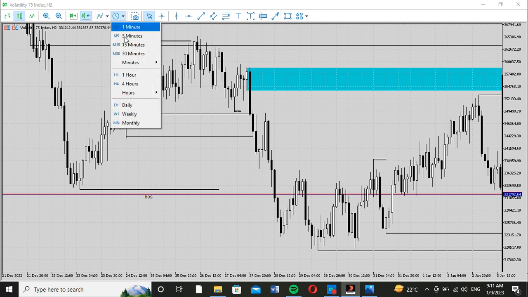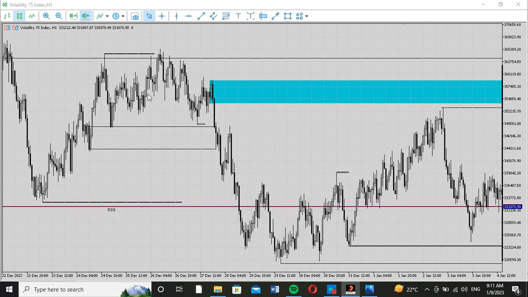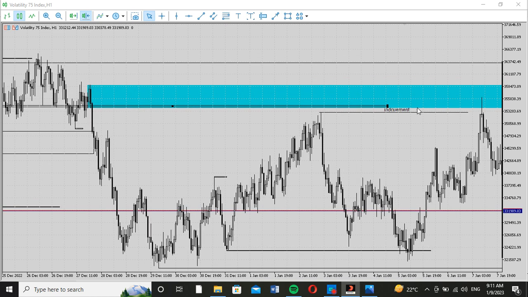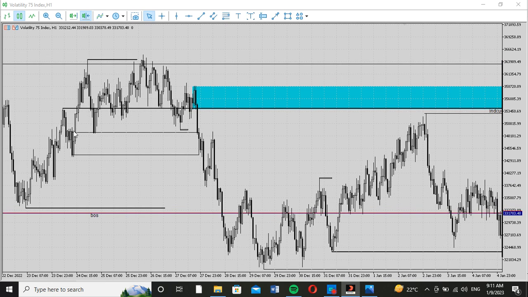But then the most confluence I got is that I have a significant support and resistance area, and QML, which is also a maximum pain level from here. So I marked that as a significant support and resistance area to give me an extra confluence for my entry, right? And I saw that from the 1-hour time frame.